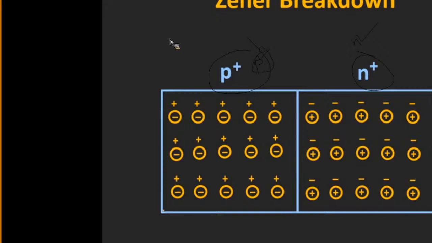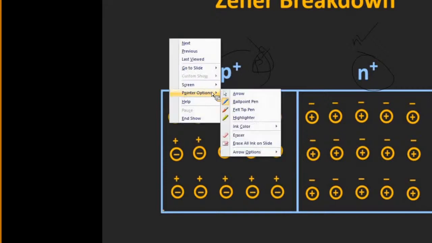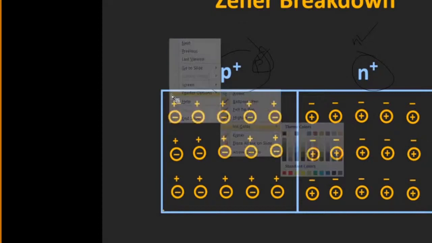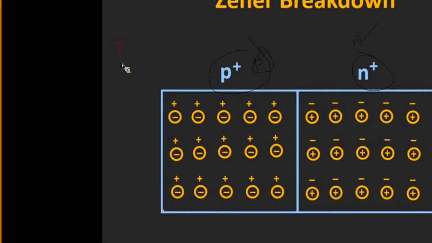Now what is P plus? The difference between P and P plus is this. In the intrinsic semiconductor, electrons and holes are 50% each.